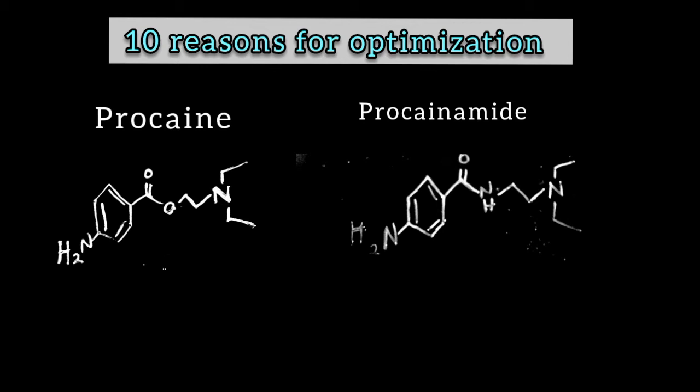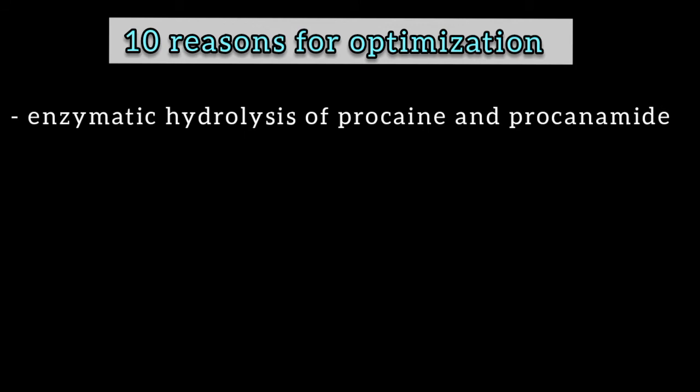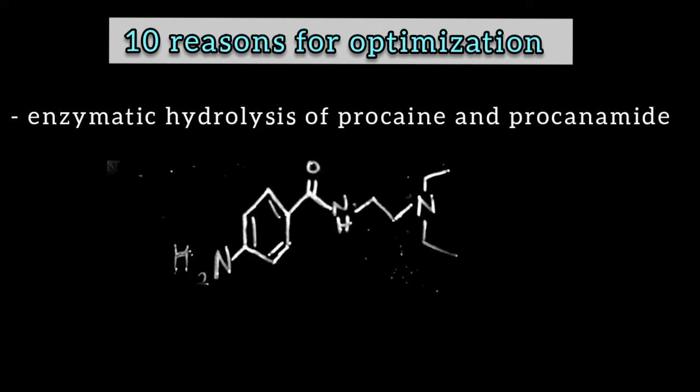Procaine has an ester group which makes it readily hydrolyzable, which means that it breaks down during a process of hydrolysis, which involves water. So when it's in close contact with water, procaine breaks down. And procainamide, instead of having an ester bond, has an amide bond, and therefore it's less likely to break down due to hydrolysis.